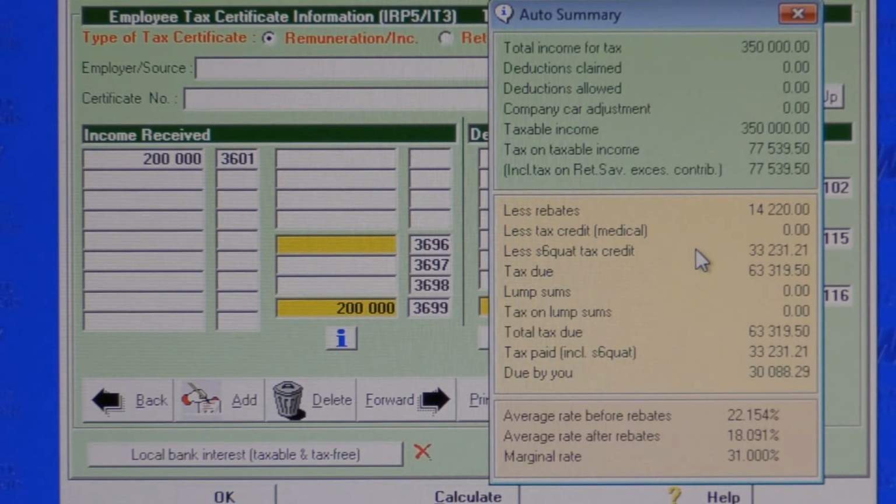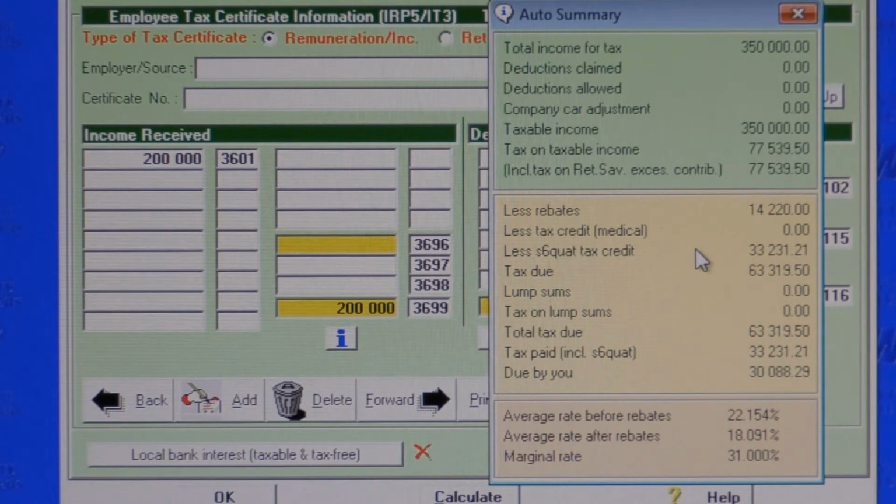This means 150,000 Rand divided by 350,000 Rand multiplied by the 77,539 Rand tax due on the total taxable income of 350,000.